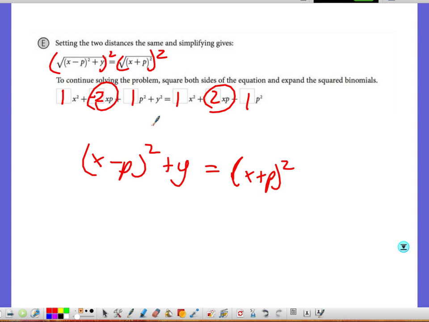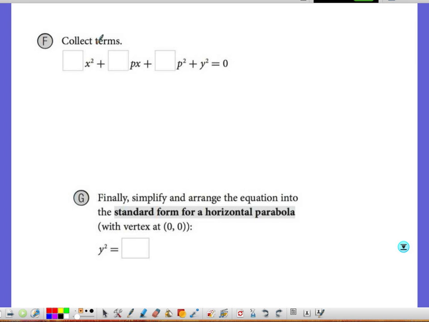So, negative 2xp plus 2xp basically becomes 0. Wait, hold on a second. When we combine like terms, what we should have is 0x squared, minus 4px, and 0p squared, plus y squared.